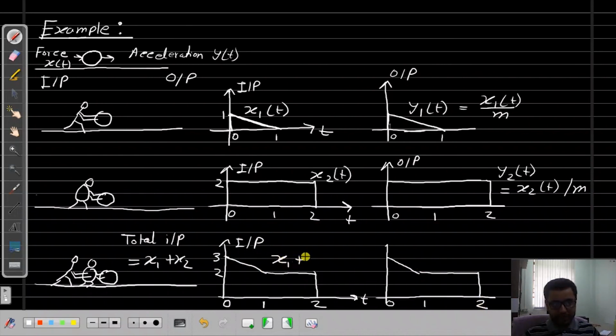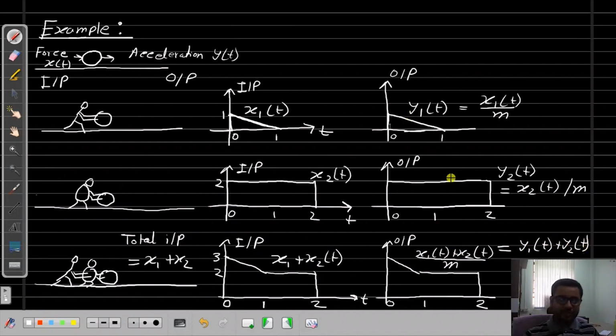If this is x1 plus x2 (t), then this output will be (x1(t) plus x2(t)) divided by the mass, and that will be the same as y1(t) plus y2(t), which is the sum of these two patterns. So this system therefore obeys superposition.